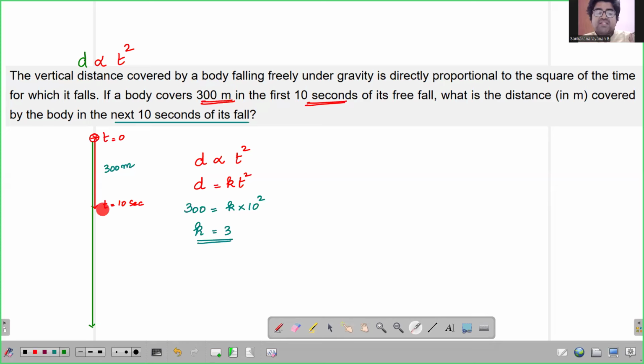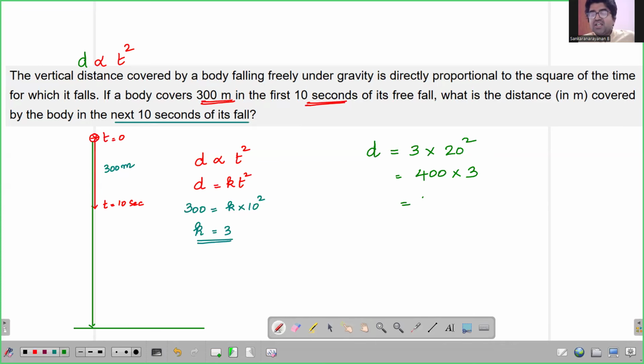So 10 seconds plus another 10 more seconds, when I am considering altogether cumulatively, this corresponds to 20 seconds altogether. When I am considering 20 seconds duration, the cumulative distance covered is equal to 3 into 20 square, which is 400 into 3.